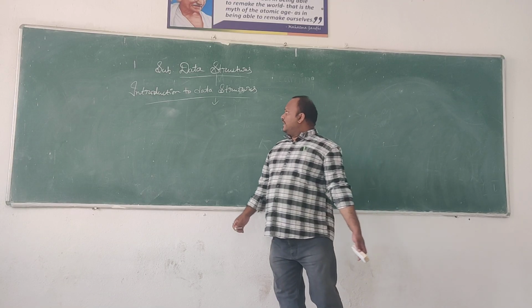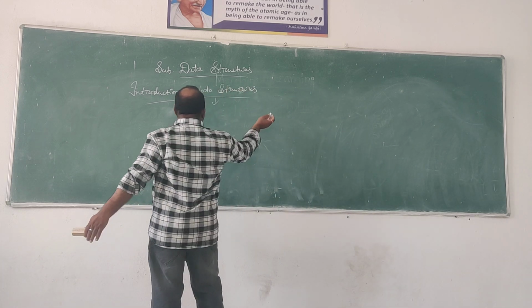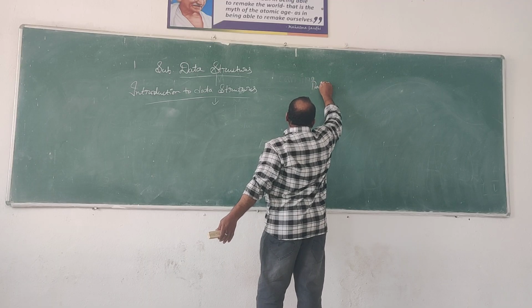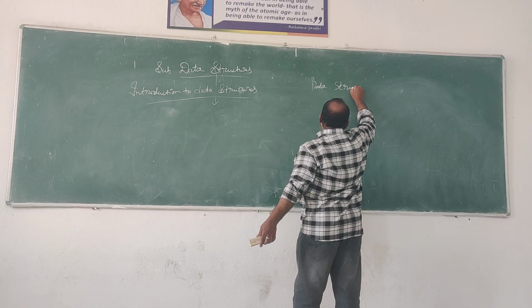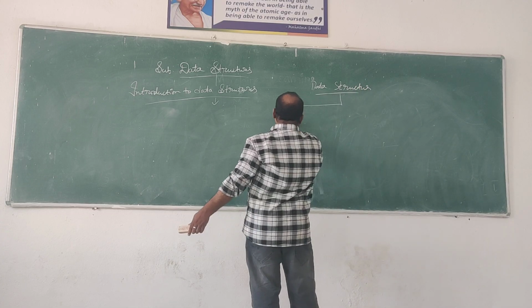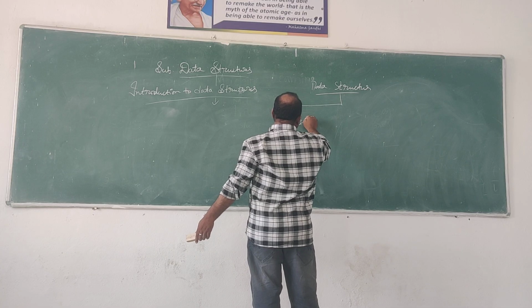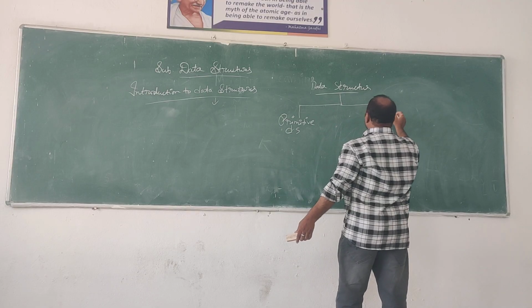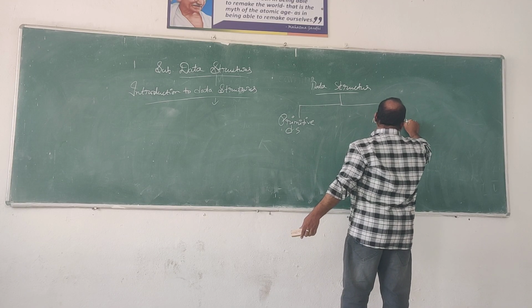In the introduction part, the complete data structures are divided into two parts: primitive data structure and non-primitive data structure.